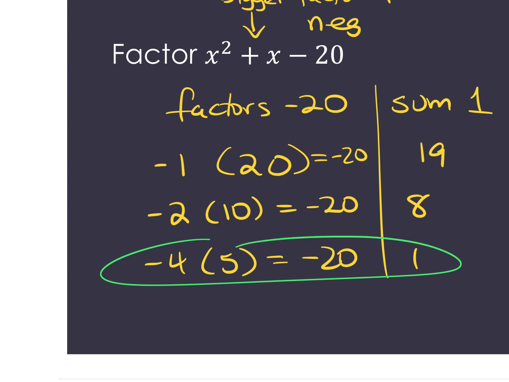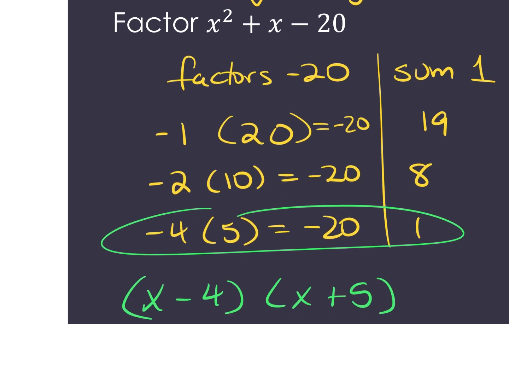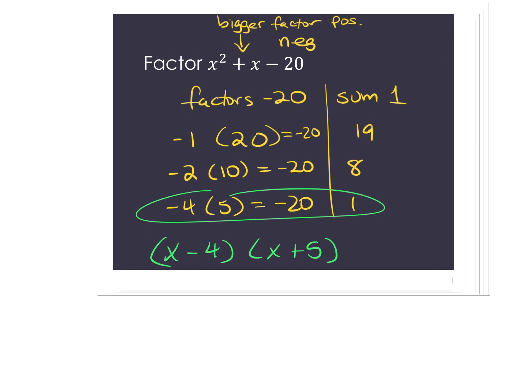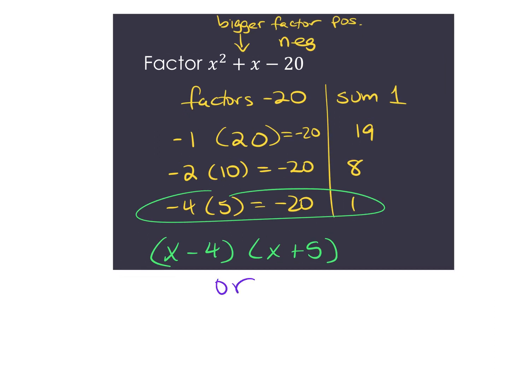My two factors are going to be x minus 4 and x plus 5. Again, the order doesn't matter. You can also write it as x plus 5 and x minus 4. Either way. When these signs start switching up like this, it's a good idea to FOIL it, to double check that you are getting the right middle term.